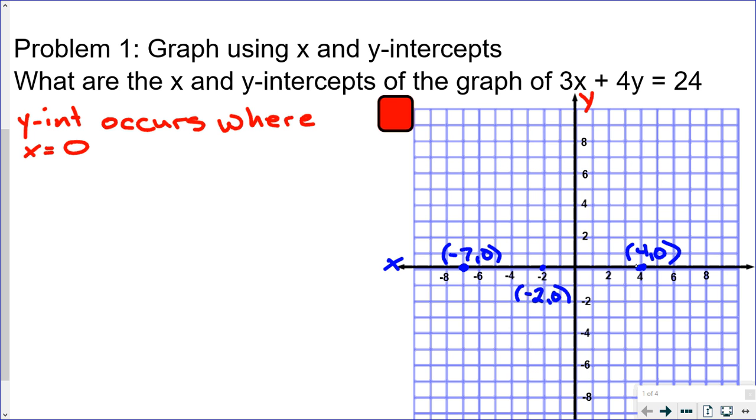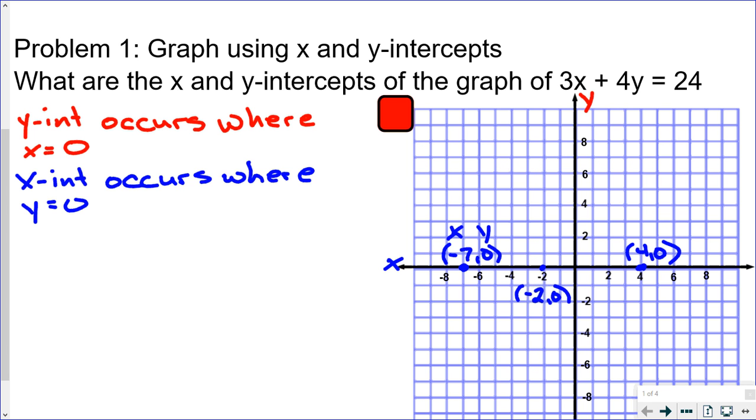So again, I asked the question, what do these all have in common? Well, these have in common that the y value is 0. So let's make another little proclamation here. The x-intercept occurs where y equals 0.